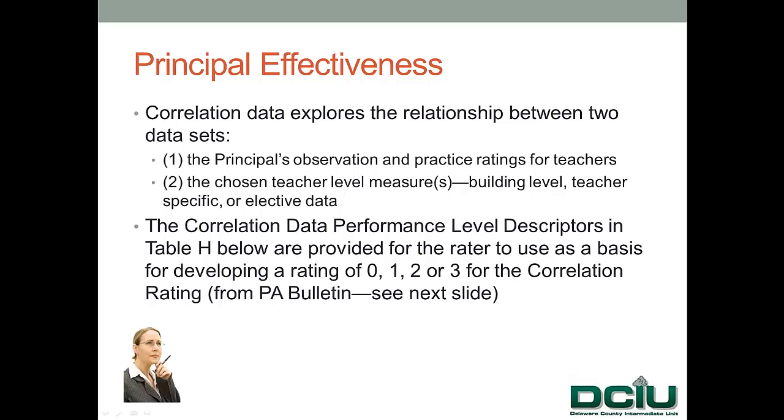That can be a combination of building level data, teacher-specific data, or elective data, or it could be just one of those. You'll see on the next slide there's a table that is used to look at the principal's understanding of that relationship. That table is from the PA Bulletin.